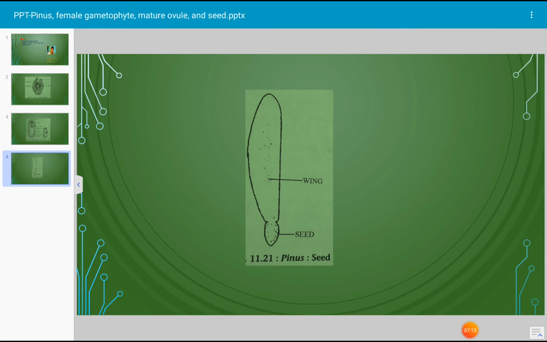The number of cotyledons varies from 9 to 11 in Pinus. The seeds are winged seeds. Winged seeds occur in Pinus and are dispersed by wind because of the presence of wings. This is all about the seed of the Pinus.